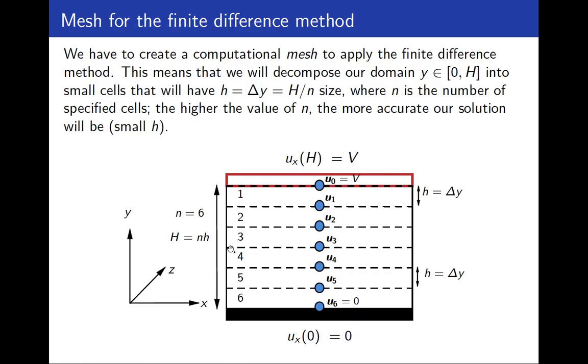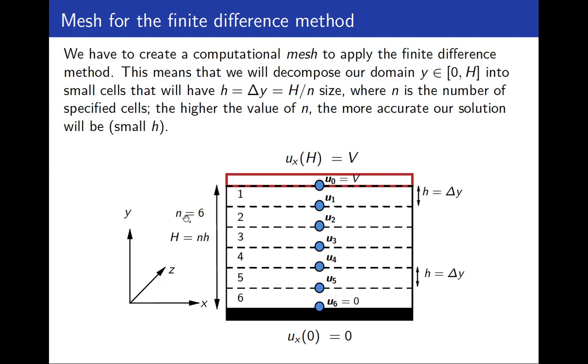Let me explain this. Here we have our domain, the bottom plate and the top plate. H is the distance between these two plates. I want to split this channel into smaller cells, and each of these cells will have this size h, which is calculated as this height divided by n.